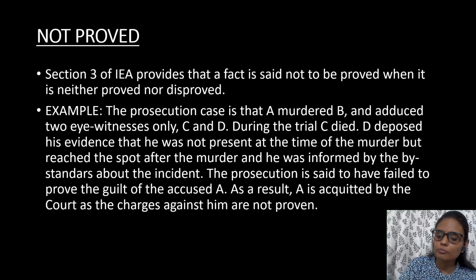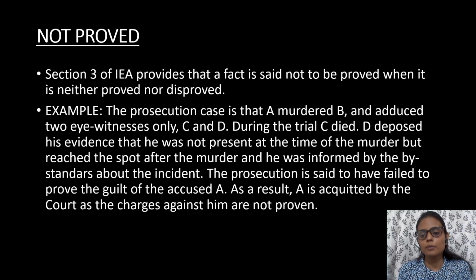And not proved means what? Something which has not been proved and not been disproved. Here the example states that there was a case of murder of B. C and D were called as witnesses. C died before coming to the court, and D stated in the court that I do not know about the case, I was not there, so I could not answer your questions.